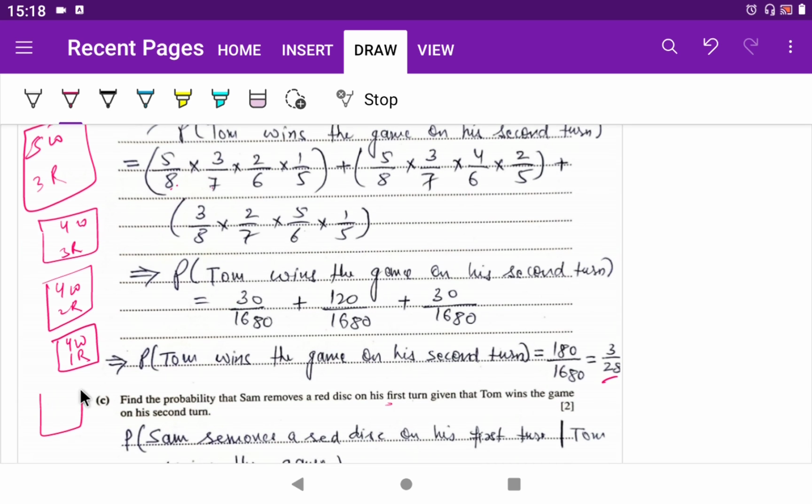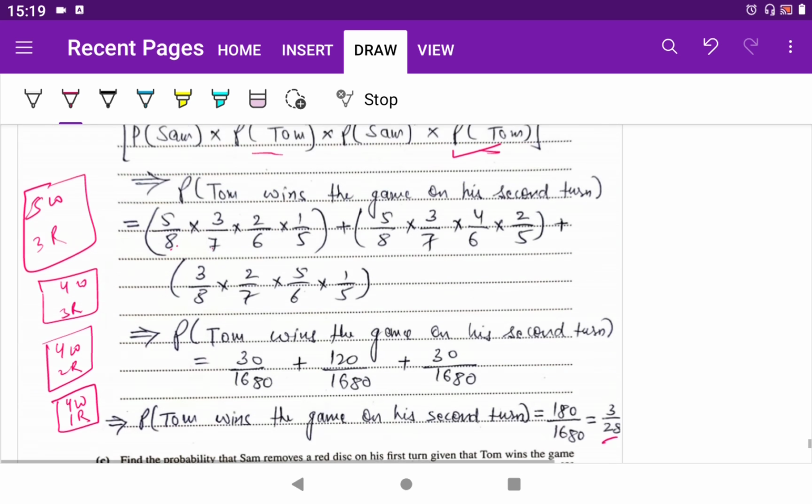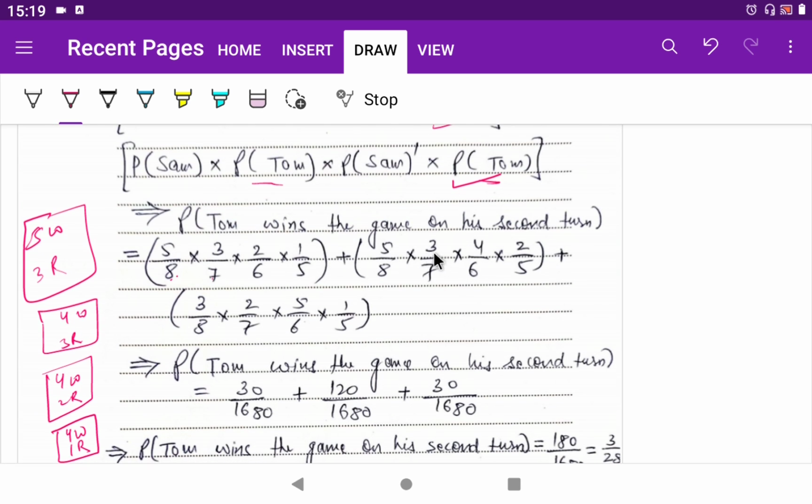So now in this box there will be 4 white and 0 red. Okay, so 5 upon 8, now there are 7, 3 upon 7, now there is 6, so 2 upon 6, now there are only 5, so 1 upon 5. In this way we write the probability of Sam and Tom getting or not getting.